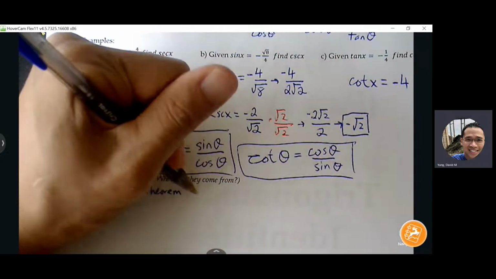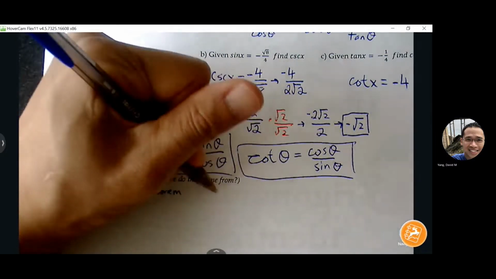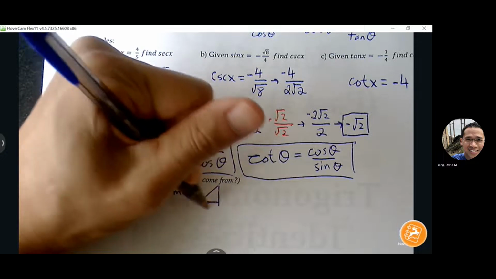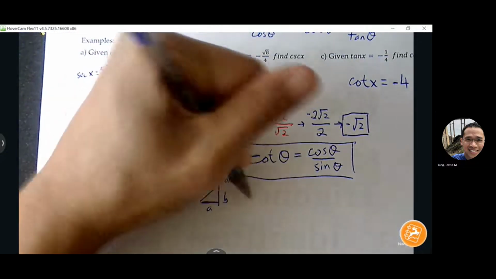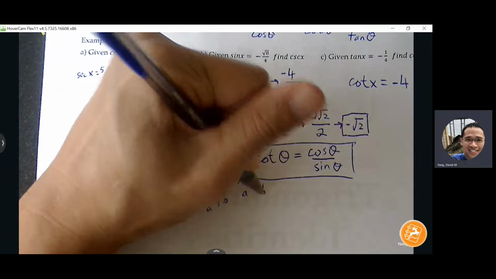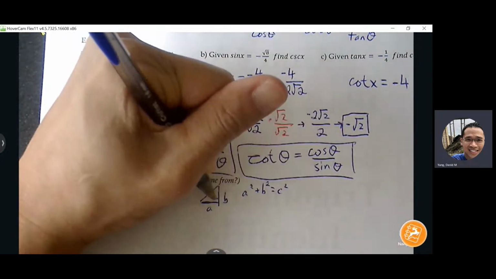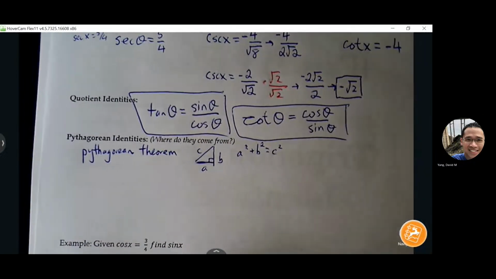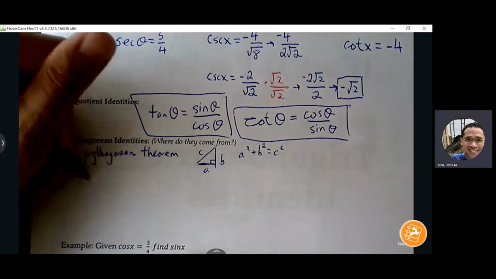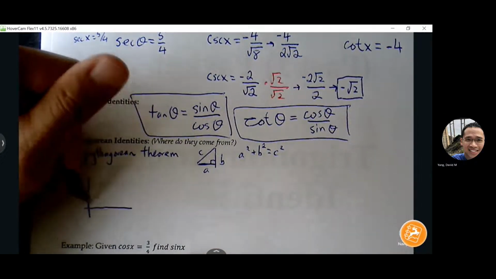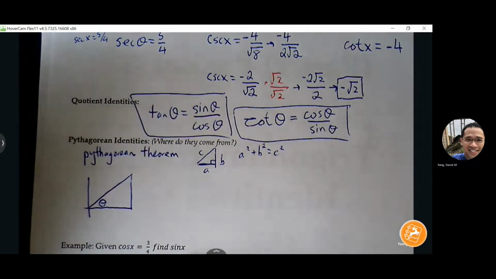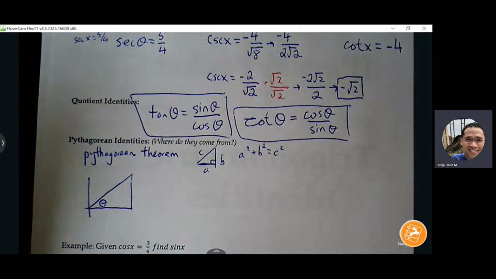If I have a right triangle, I can do a squared plus b squared equals c squared. So let's look at this one here. Let's say I have a triangle. The angle close to the origin is theta.